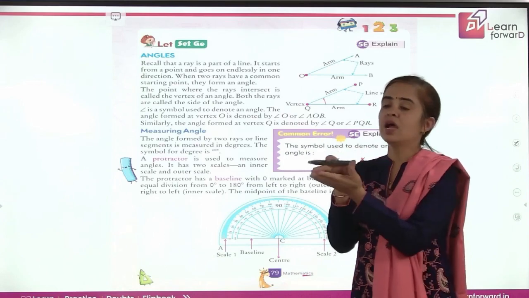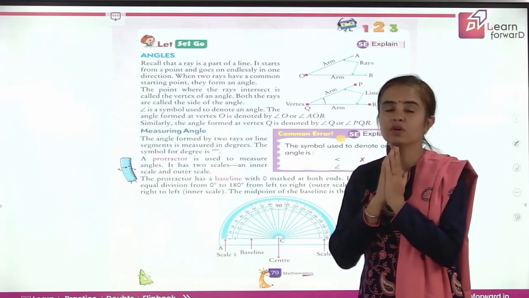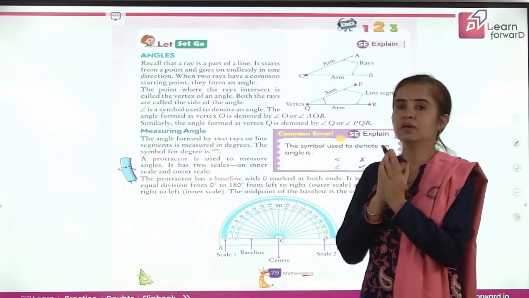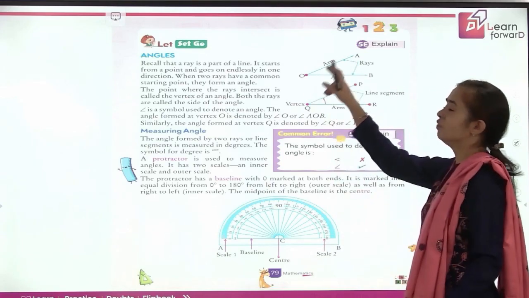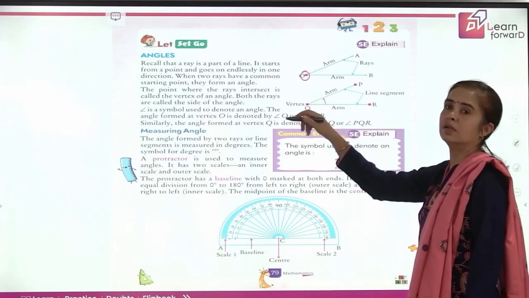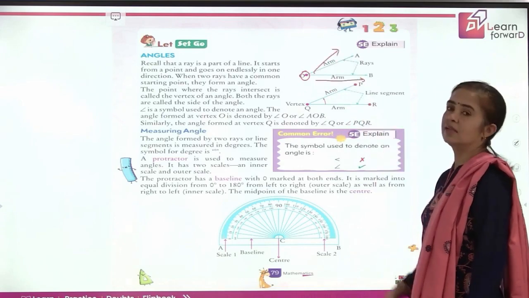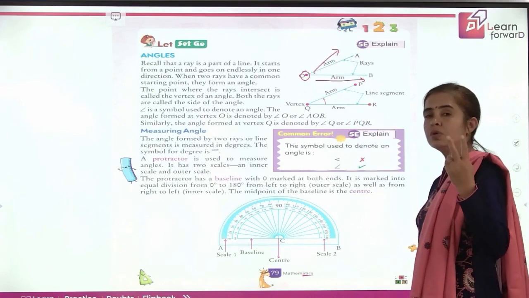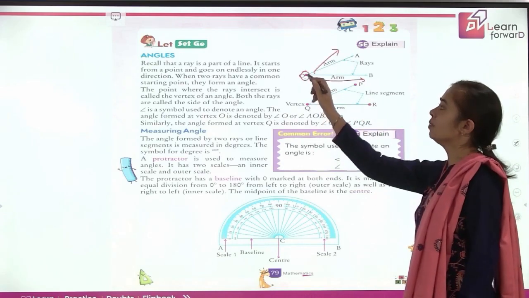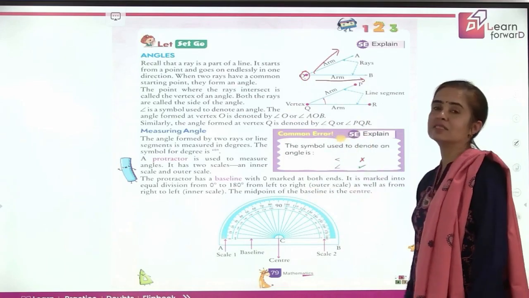It shows how much apart are those two rays which are starting from the same point, right? So this is what we have in an angle. This is your fixed point O. This is one ray and this is another ray. So what you see, these two rays are starting from the same common point O. Now we call this an angle.